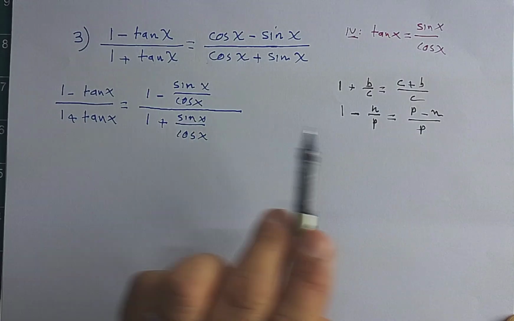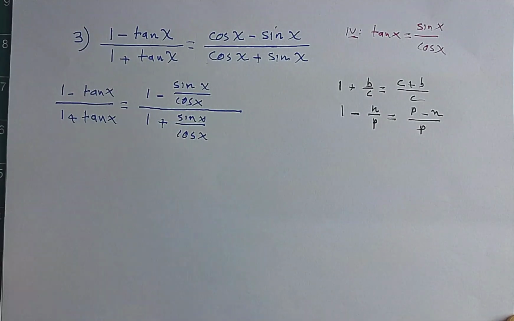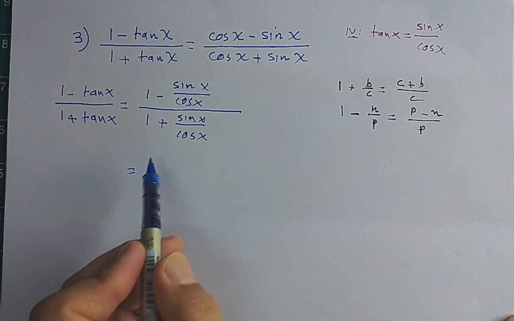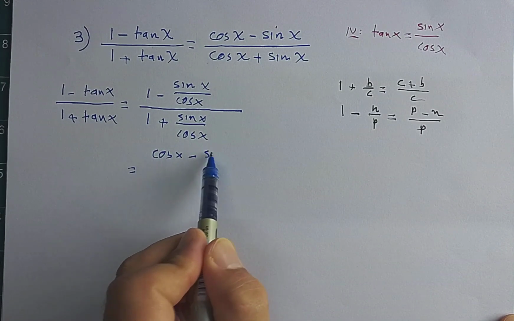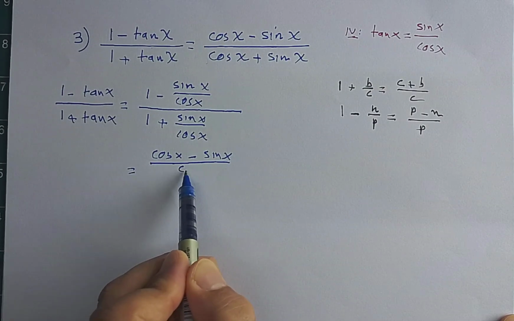I use this for the numerator and the denominator. So here, 1 I change to cosine, it will be cosine x minus sine x out of cosine x.